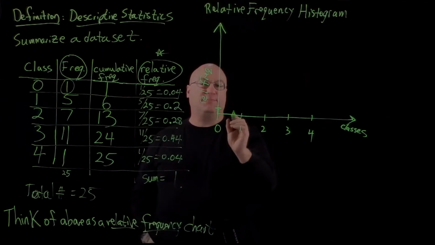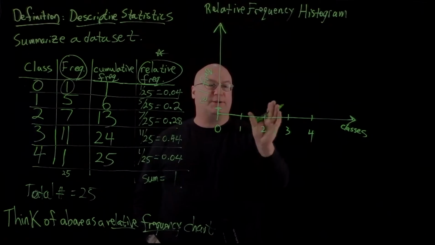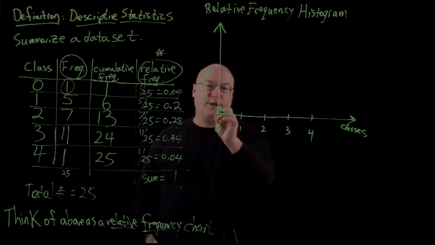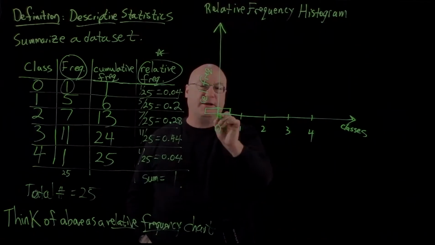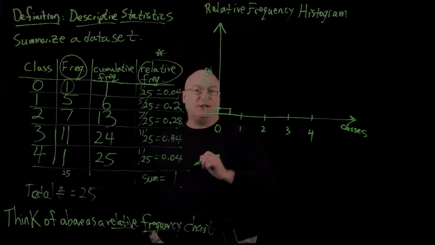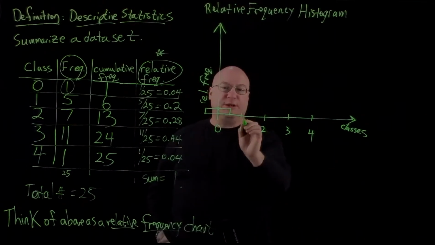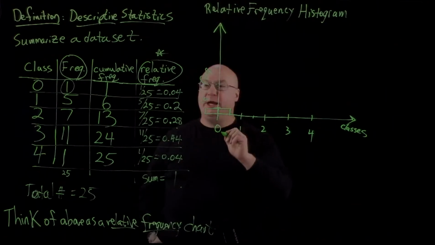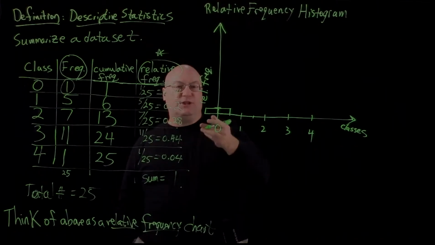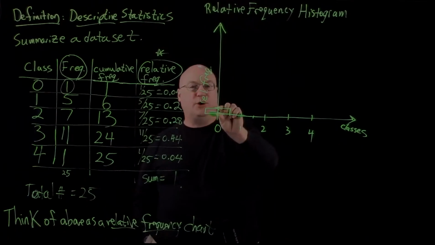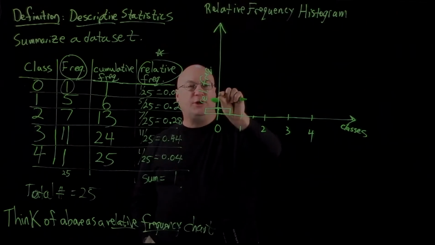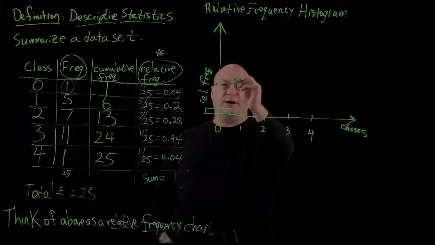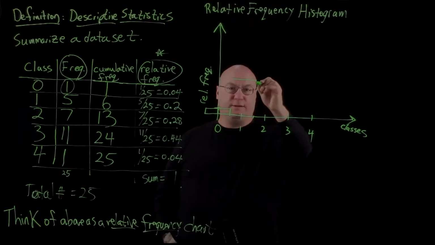I want to draw it so that the bars all touch, so I will draw this over to about the halfway point. There's the first bar. The next bar for 1 will be centered over 1, going halfway between 1 and 2, and it has to go up 0.2, which is 5 times this one. So 1, 2, 3, 4, 5, maybe about that height.